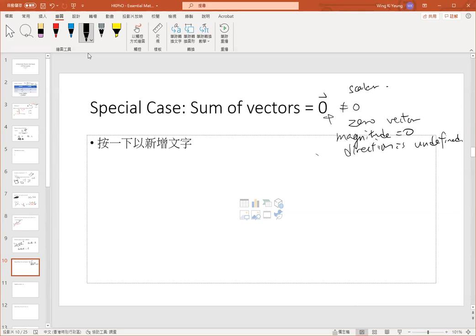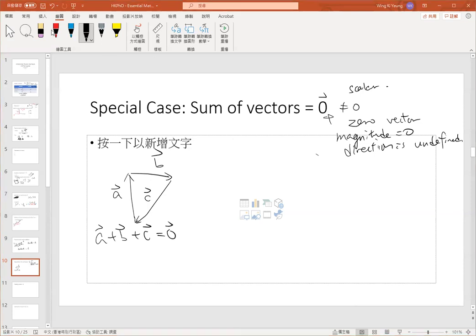For example, if I add three vectors together and they can form a triangle, so all the head to tail are connected together, then the sum of these three vectors is equal to the zero vector.